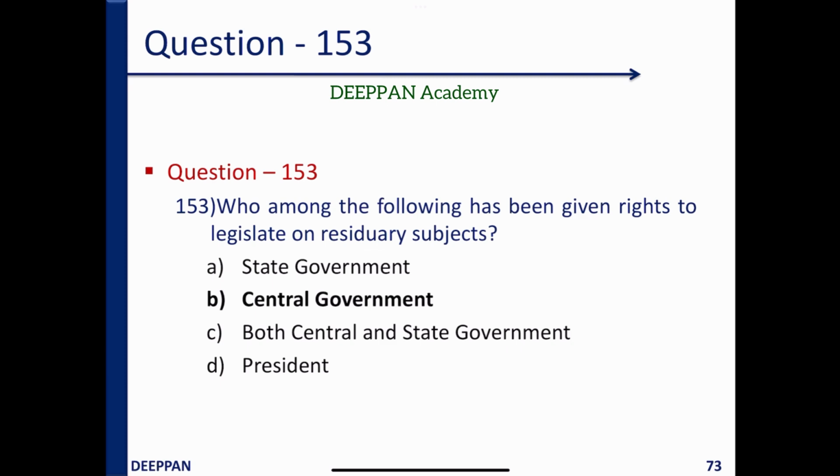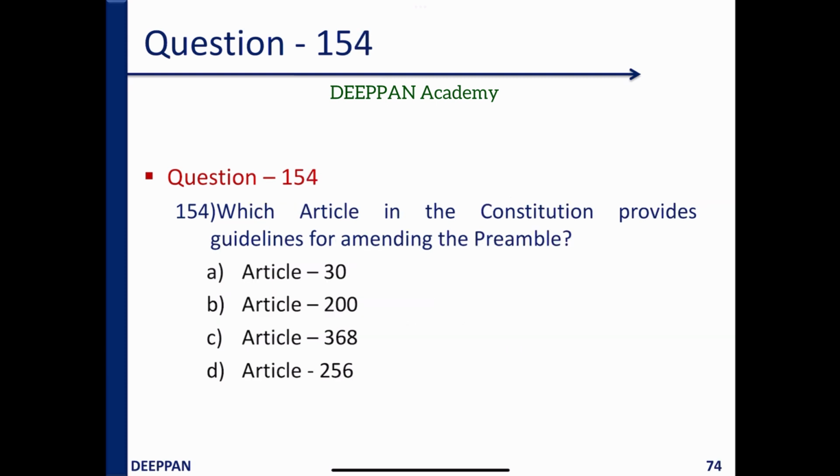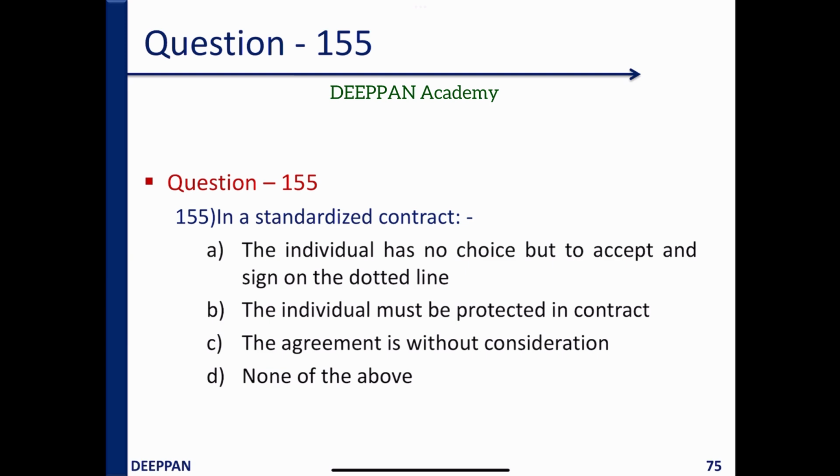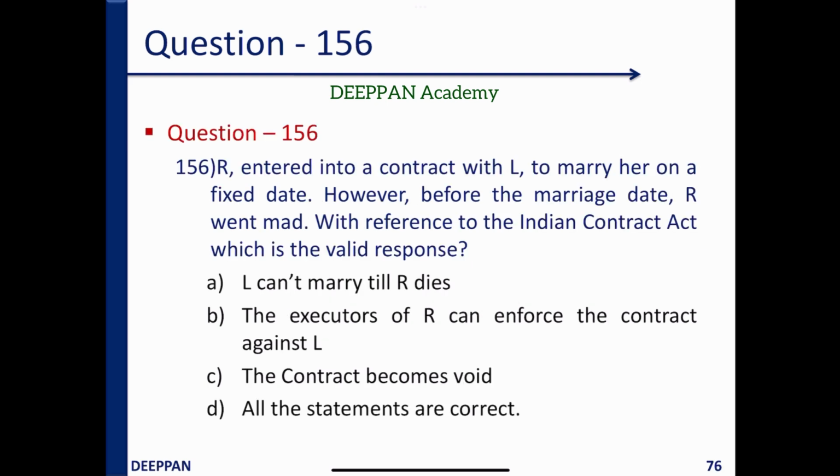Central government. Which article in the Constitution provides guidelines for amending the preamble? Article 368. In a standardized contract, the individual has no choice but to accept and sign on the dotted line.